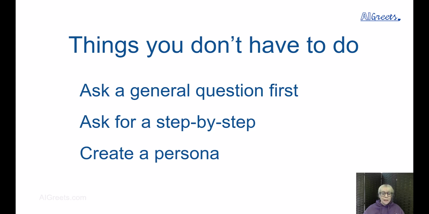The second thing that you may see is people suggesting that you ask for a step-by-step. So it used to be that if you needed an answer to a question that required reasoning or logic, or maybe a mathematical kind of question, then ChatGPT would often jump to conclusions, and it would not always be the right conclusions.